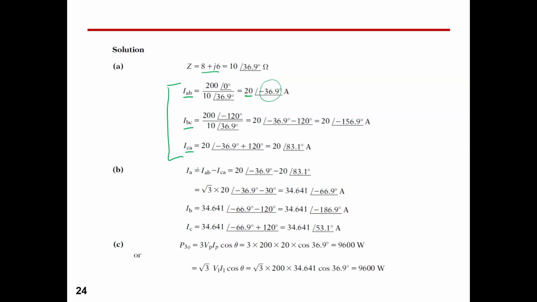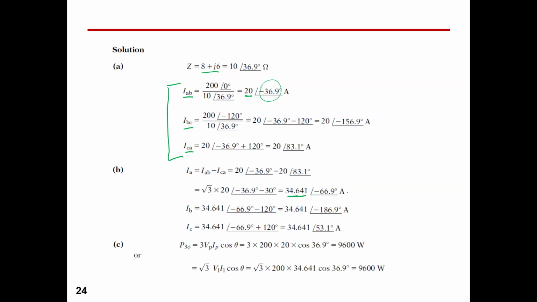For the line currents, you can use Kirchhoff's current law or calculate the line current by the relation we just mentioned. So IA equals IAB minus ICA. So it's 20 at angle minus 36.9 minus 20 at angle 83.1. The result would be 20 times root 3, which is 34.6.